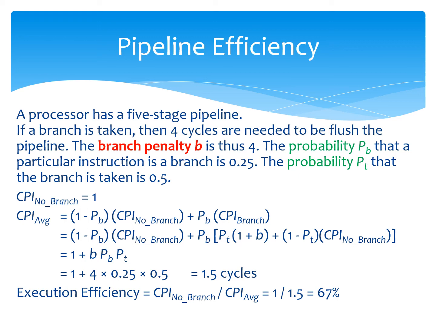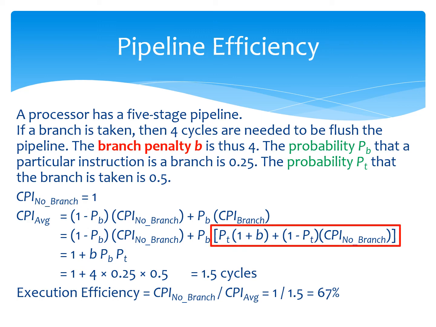When the pipeline is filled and there are no branches, then the average number of cycles per instruction, CPI no branch, is 1. The average number of cycles per instruction when there are branches is as shown in the equation on the screen.